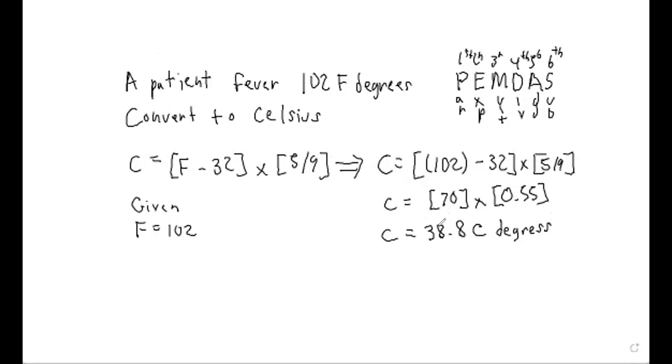Now, when you look at your answer key, this is 38.8. It depends on where they want to round it off, right? You may see 38.8 degrees Celsius, or they may just round it up to 39 degrees Celsius. So you have to take a look at your answer key. If you don't see your exact answer, in cases like this, they usually round it, right? You'll probably see 39 degrees.